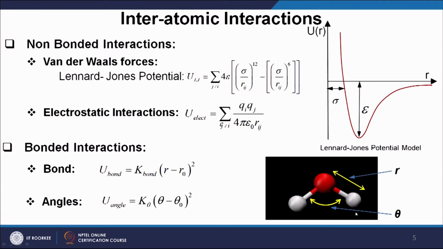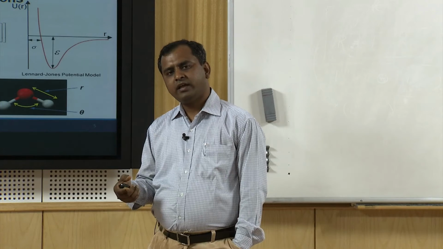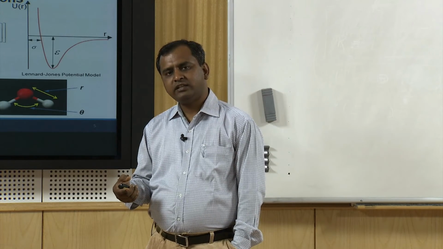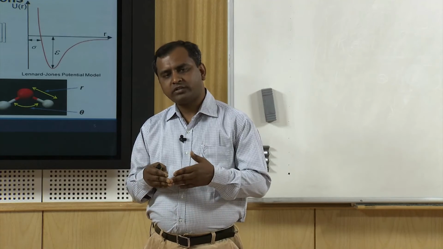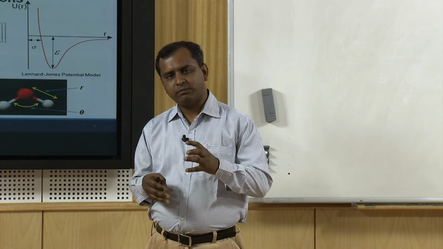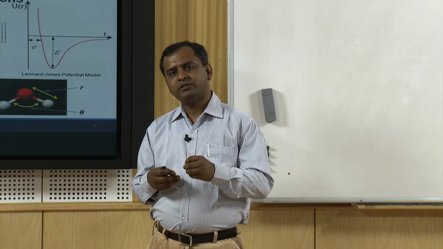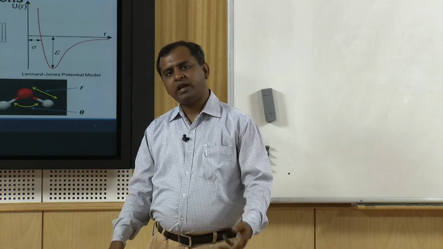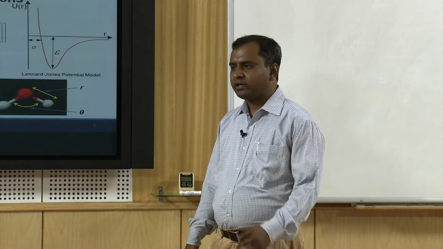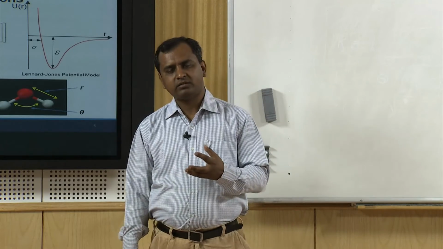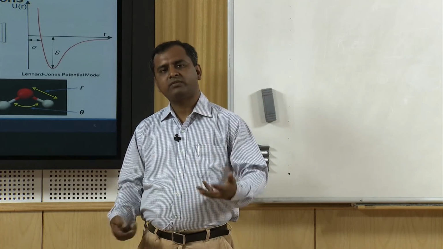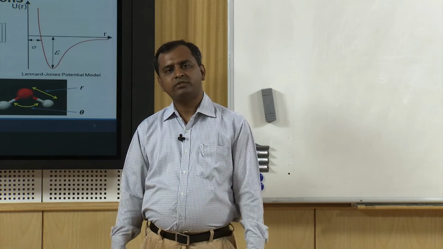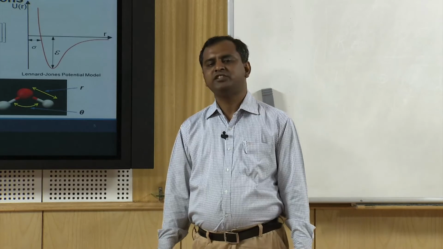Now, due to some external force or field, these bonds can be stretched, or angles between the bonds can be twisted. So, there can be some torsional stress or some stretching stress. Depending on that, the nominal r and theta will not be maintained, and some other values will come. So, due to that, there will be some sort of torsional potential and stretching potential.